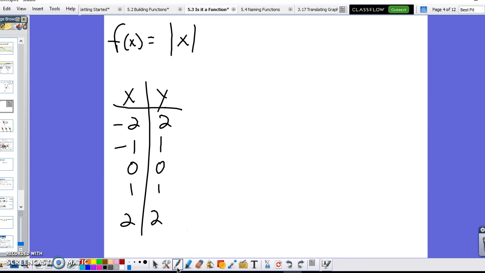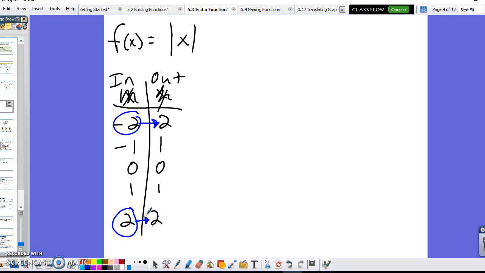Well, does each input, and I want to label that as such, does each input have exactly one output? And if I look, -2 only produces 2. That's the only answer for -2. +2 only produces 2.